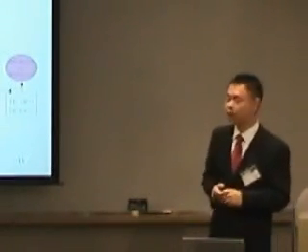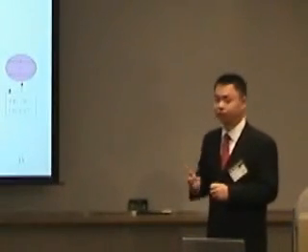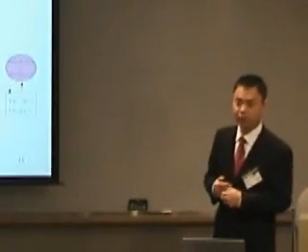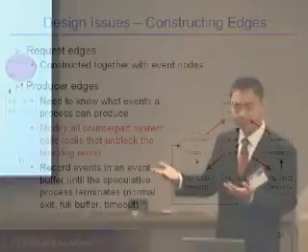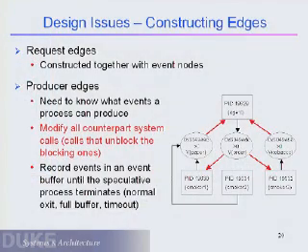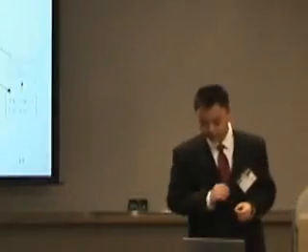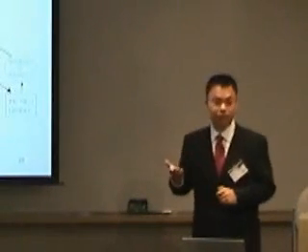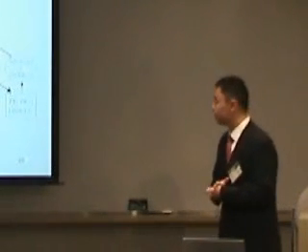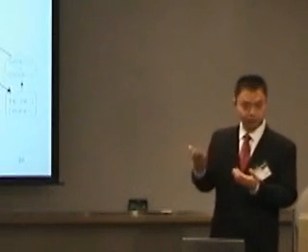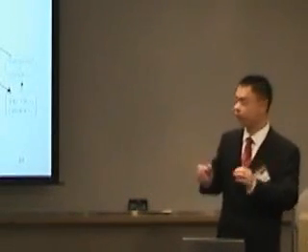To achieve that, we modify all the blocking system calls in the system such that whenever a process blocks, right before it blocks, it records the event it's waiting for in a per-process structure. And then for request edges, it's also simple because we can construct them at the same time when we construct the event nodes. For producer edges, as I mentioned earlier, we use speculative execution to identify the dependencies.